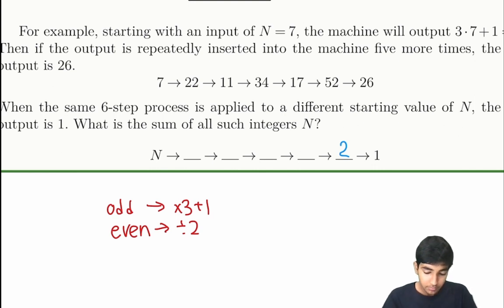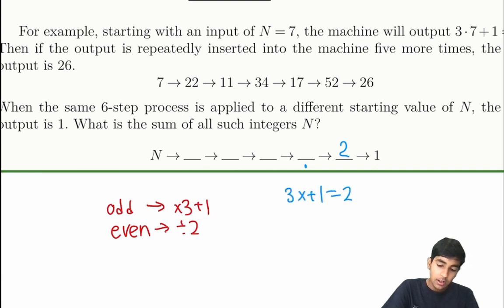Okay. Now, what about this position? Next one here. Now 2. There's two cases again. If this value was odd, then we would have 3x plus 1 equals 2, where x is some odd number, right? But does this have a valid solution?